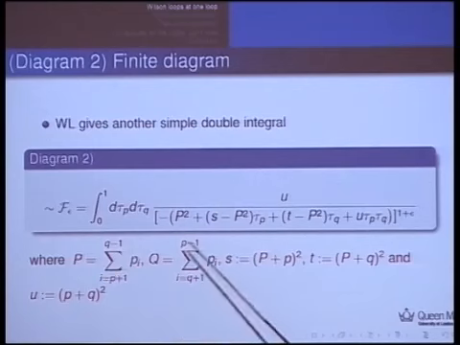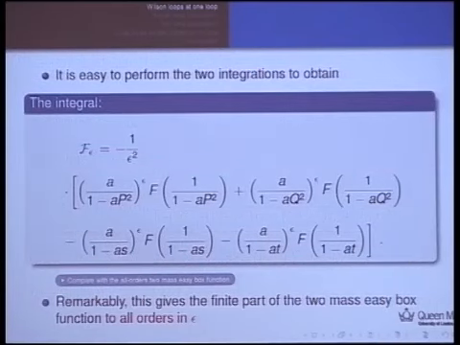Okay, I mentioned these are the same kinematic variables as before. And the outcome is precisely the second and third lines of the MHV diagram. In other words, the finite part of the MHV diagram to all orders in epsilon.